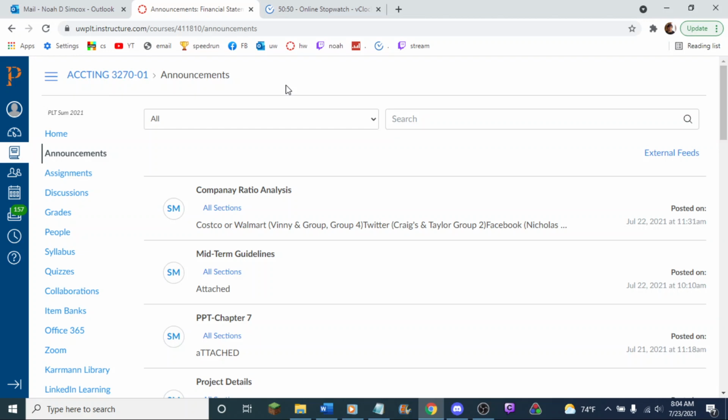Those are the two things you divide everything by. So for income statement, for vertical analysis, divide everything by the net sales.